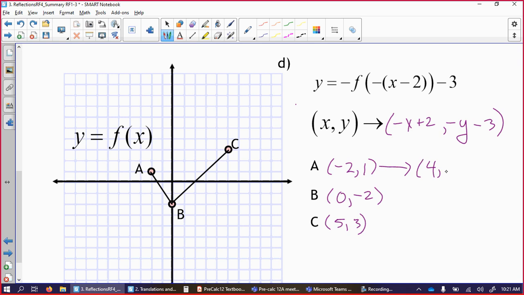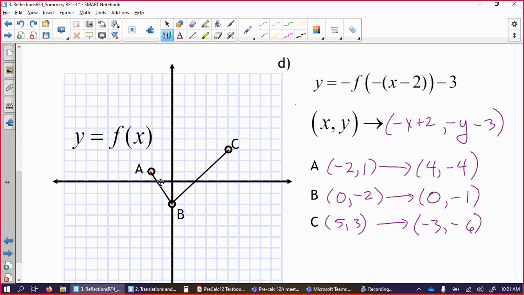Negative of 1 is -1, minus 3 is -4. Negative of 0 is 0. Negative 2 plus 2 is 0. Negative of -2 is 2. 2 minus 3 is -1. And negative of 5 is -5. Plus 2 is -3. Negative of that 3 is -3. Minus 3 is -6. Whew.